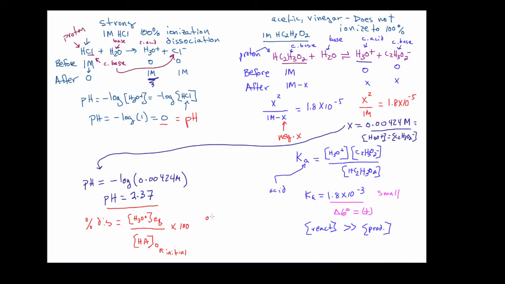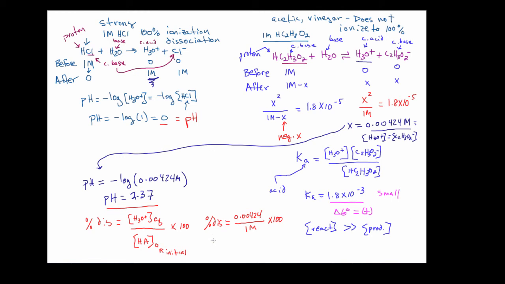So if we calculate the percent dissociation for the 1 molar solution of acetic acid, it's going to be equal to 0.00424 divided by 1 molar times 100.